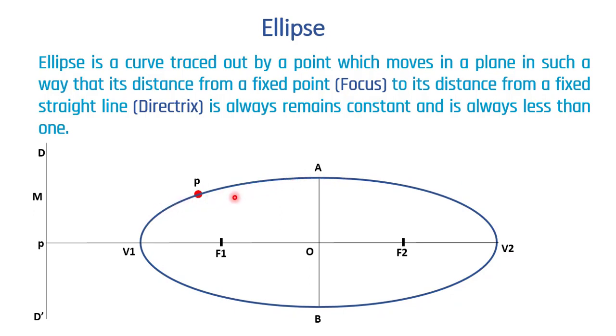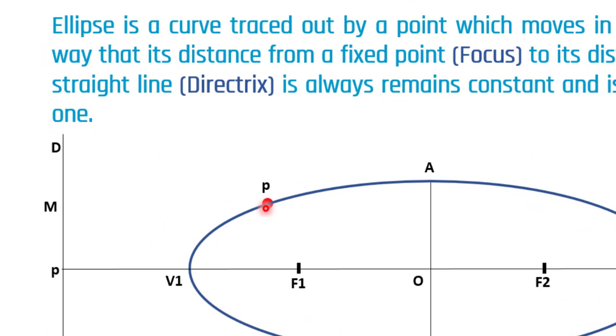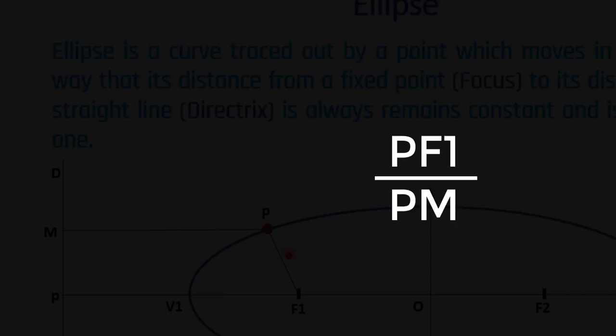So if we measure the distance of this point P from the focus F1, that distance would be PF1, and if we measure the distance of the same point from the directrix DD dash, which is PM, and if we take the ratio of these two distances, that is PF1 upon PM, then that ratio will be always less than 1.